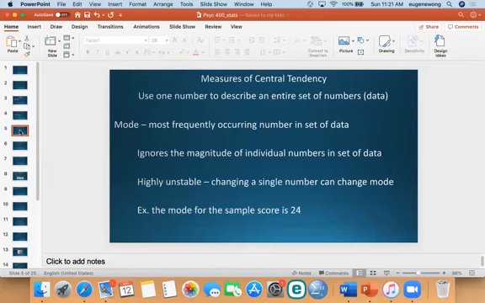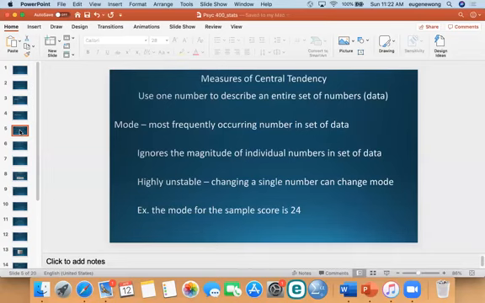In other words, if you have a frequency distribution or a cumulative frequency distribution setup, you can look at either one of those tables, look in the column labeled F, and find the biggest number in that column, look over to the column that's labeled scores, and record the score associated with the biggest number in the frequency column.